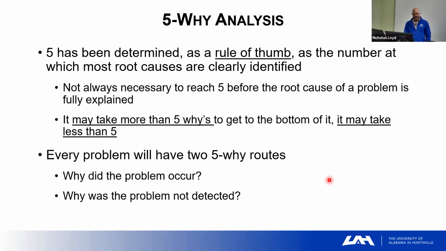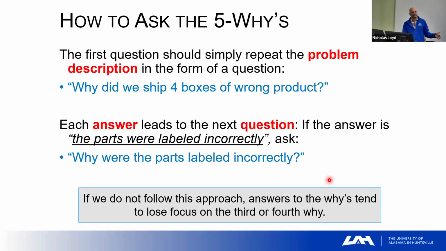But the way to do it is to start with an original problem and turn that into a question that starts with why, and then each successive why question builds off of that previous one based on the answer. So if I have a problem that says we shipped 4 boxes of wrong product, then my first why question would be, why did we ship 4 boxes of wrong product?